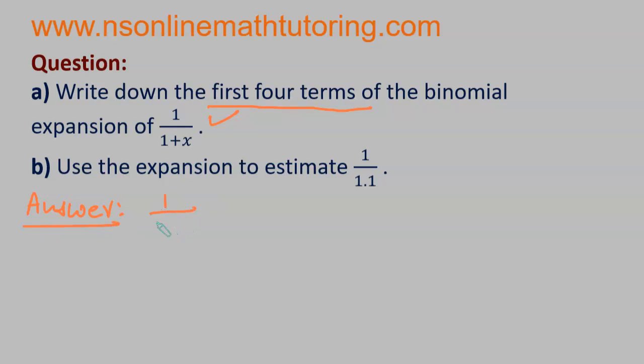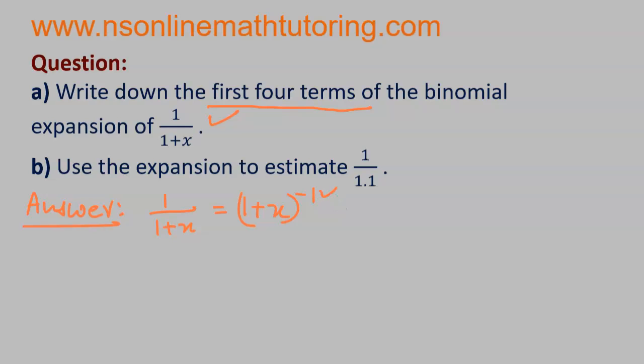So 1 over 1 plus x. We do not have any denominator in the binomial expansion. We have not seen that so far. So we can rewrite this as 1 plus x raised to the power of negative 1.